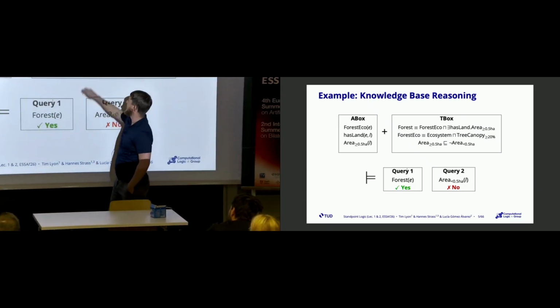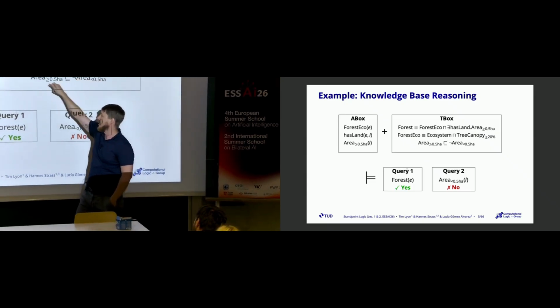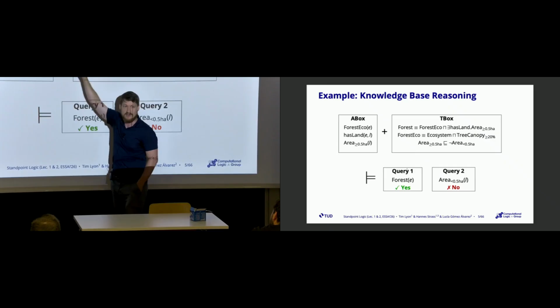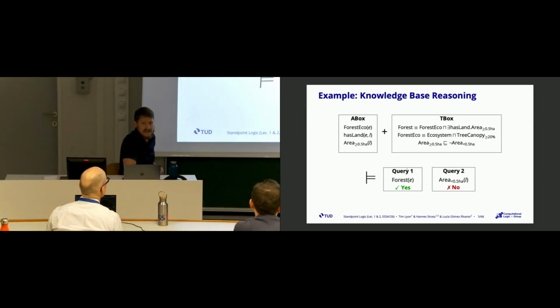That means that E satisfies the right-hand side of this definition, and therefore it satisfies the left-hand side of the definition, the definiendum. So the answer to query 1 would be yes, it is the case that E is a forest according to this knowledge base.